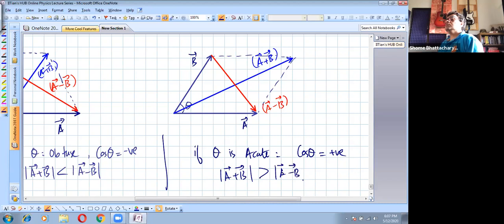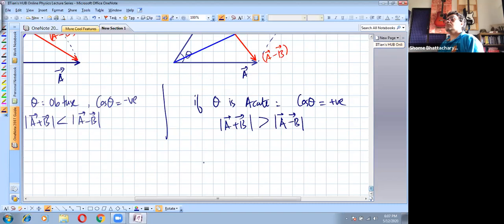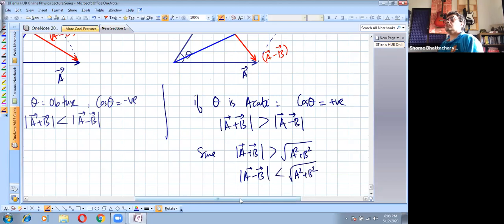It's not only this, you also understand that in this case, mod of A plus B is greater than root of A square plus B square. And mod of A minus B is less than root of A square plus B square.